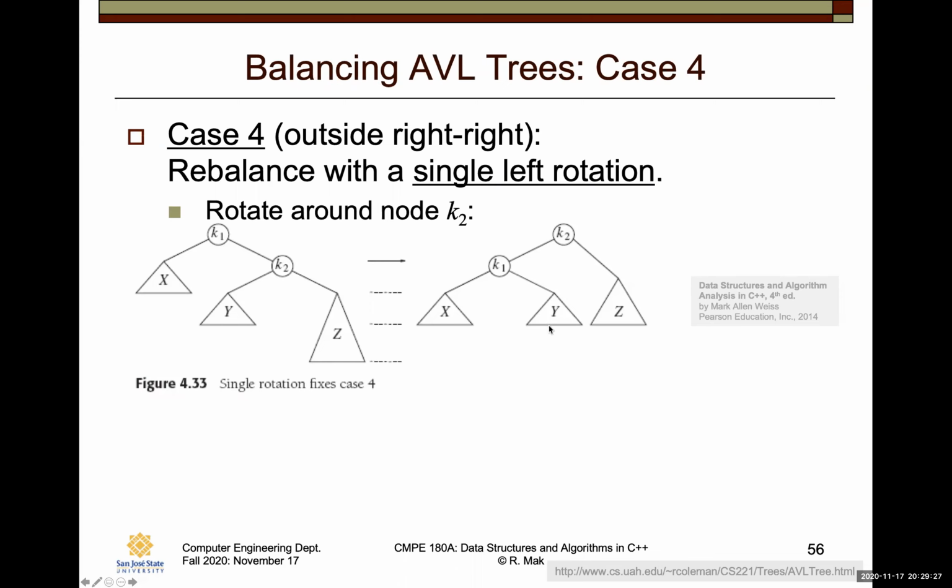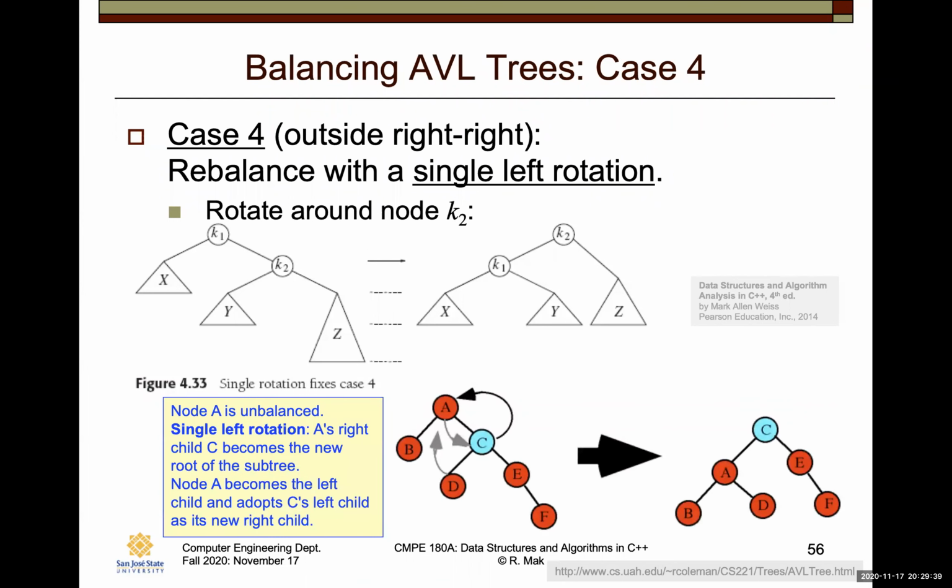We still have a binary search tree, and we have rebalanced it, and so we still have an AVL tree. And here's an example with letters so that you can see exactly what's going on.